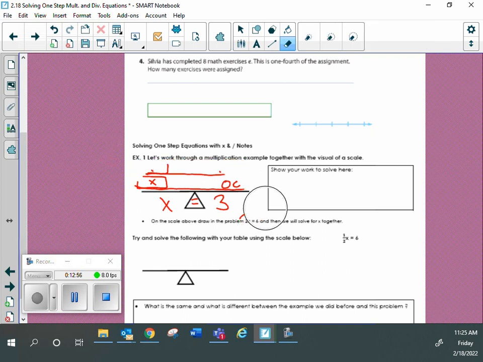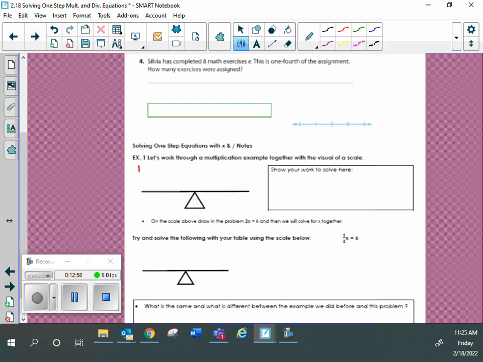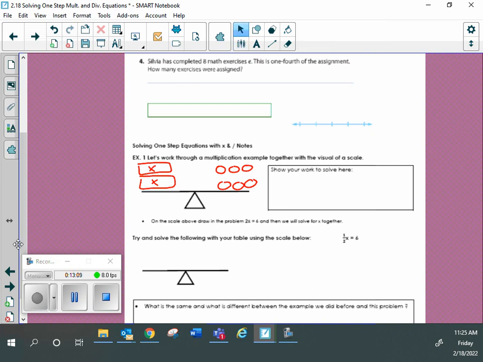All right, let me try this one more time. Again, I'm starting with 2x is equal to 6. My goal when I'm solving an equation is to find the value of x, not 2x, just 1 x by itself.